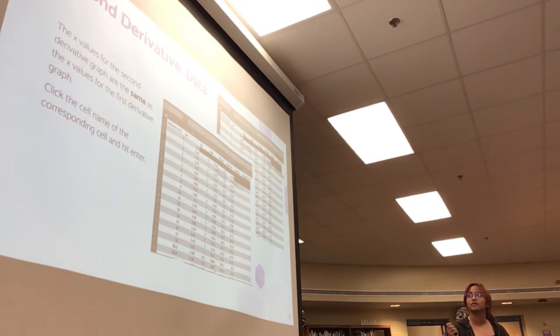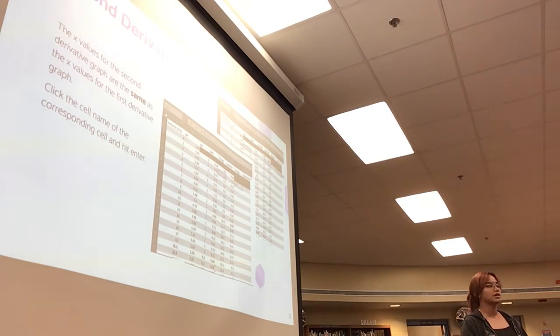Okay, so the second derivative. The x values are the same as the first derivative because the first derivative is comparing the instantaneous slope between the average volumes.